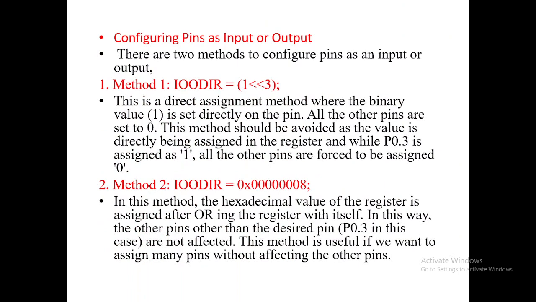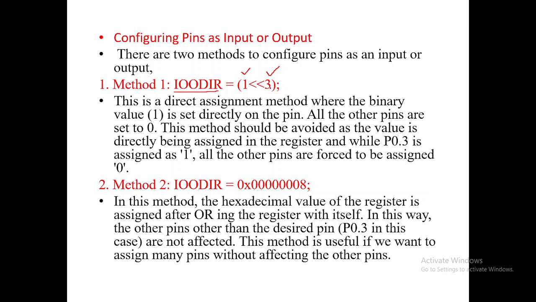Configuring a pin as input and output. How do we configure that? There are different methods, so we are going to see method 1. IO 0 DIR indicates the input output of port 0, and this indicates pin number 3. This is the direction assignment method, where a binary value is set directly on that pin.